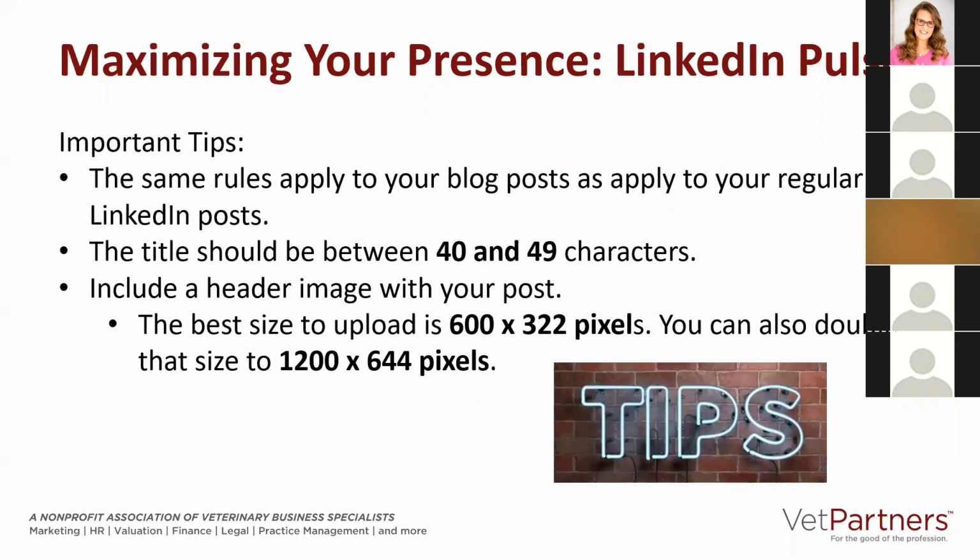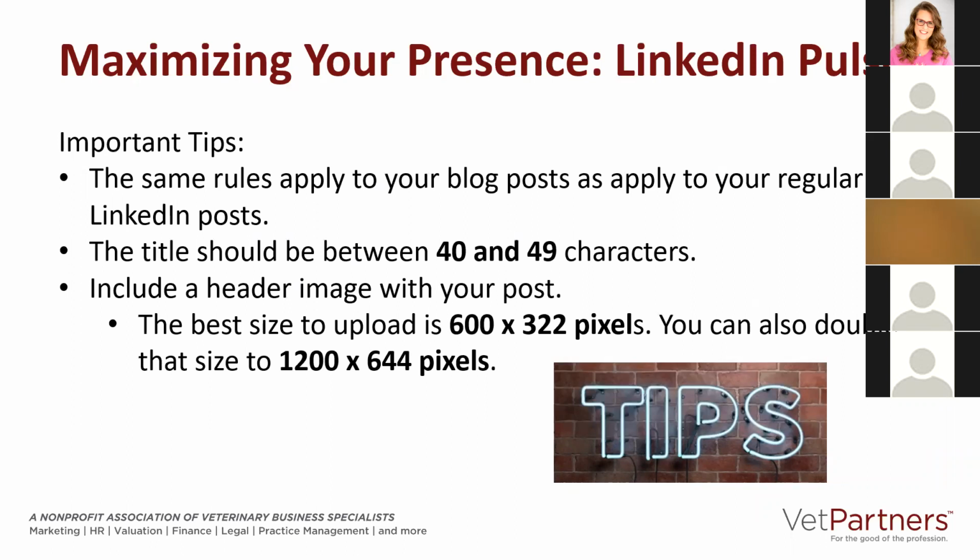So here are a few tips for writing a LinkedIn Pulse blog post. The same rules apply to your blog post as apply to your regular LinkedIn post. You want to write something that your connections are going to think is valuable, and make it relevant and interesting so your connections will be engaged. Second, you should make your title between 40 and 49 characters, because according to an article on okdork.com, posts with titles of that length receive the greatest number of post views overall.